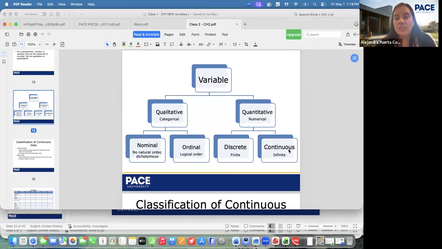And then continuous, like GPA. GPA could be infinite, right? You can add as many decimals as you like. Age usually is continuous. You can be 18 years, 3 months, 4 days, 5 seconds, I don't know, right? It can go on and on and on and on, right?